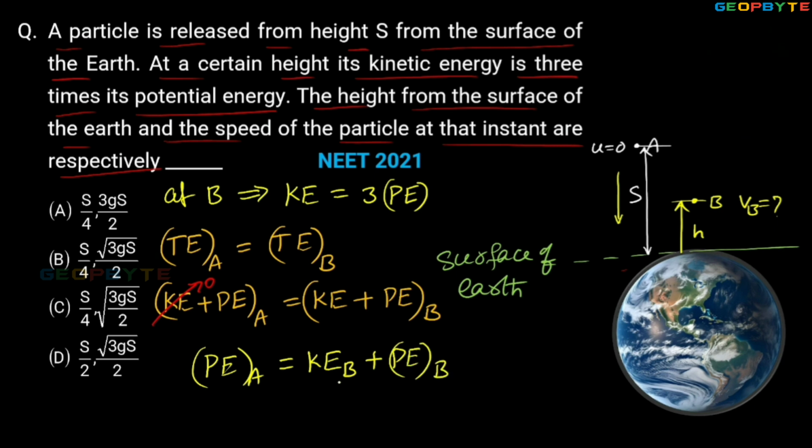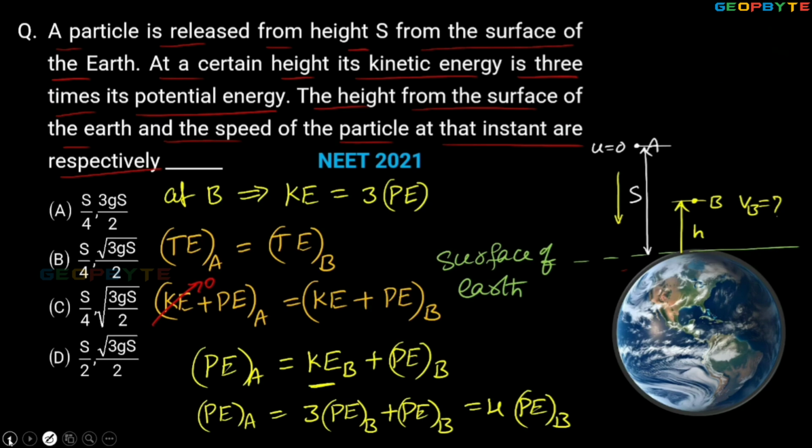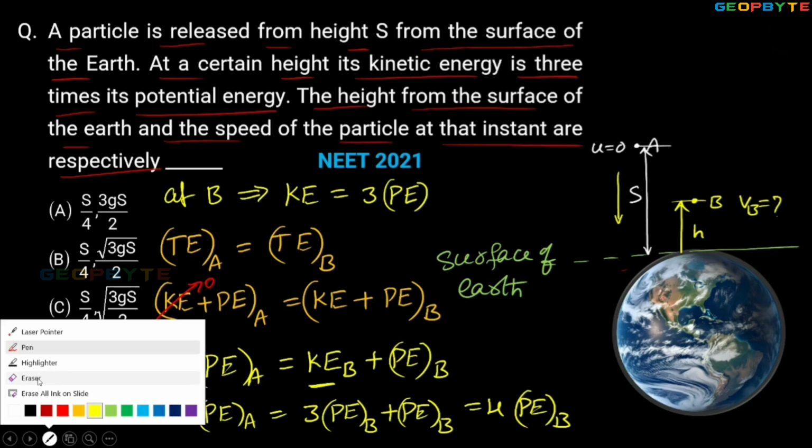It is given that kinetic energy at B is 3 times the potential energy. So potential energy at A equals kinetic energy at B, which is 3 times the potential energy at B, plus potential energy at B. It is equal to 4 times the potential energy at B. You should be very careful.